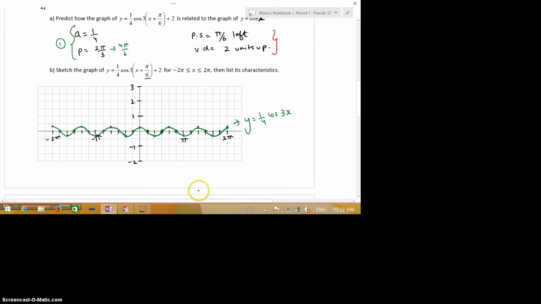2 units up is basically going to be, how many boxes, 2 units? So 1, 2, 3, 4 boxes up. So pi over 6 to the left, so 4 boxes up. So 1, 2, 3, 4. It's going to end up right here. Take the 0, move 1 box over, 4 boxes up.